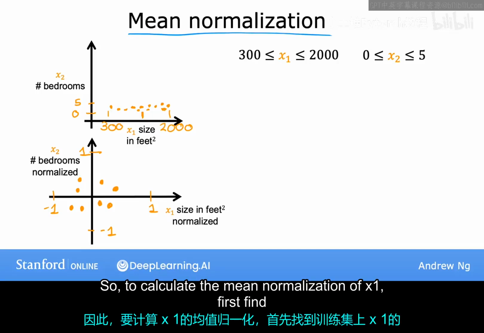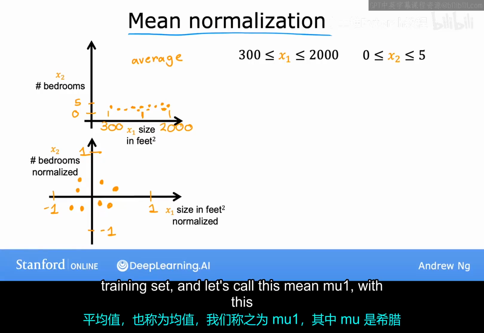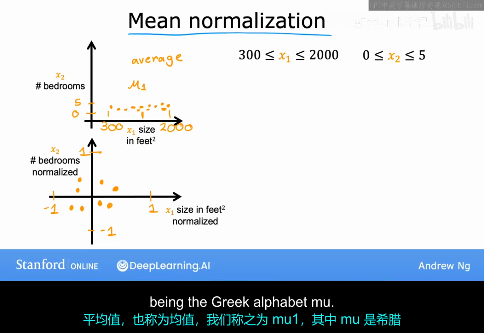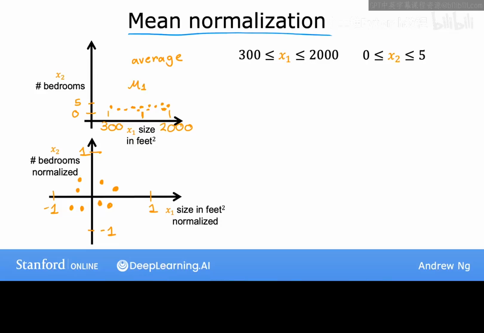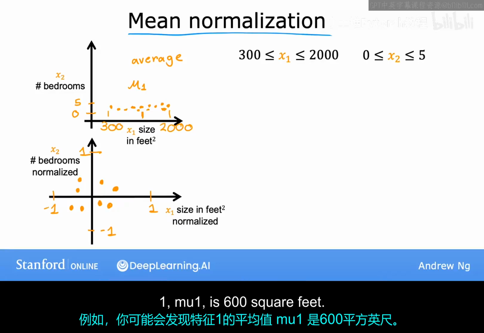To calculate the mean normalization of x1, first find the average, also called the mean, of x1 on your training set, and let's call this mean mu1, with this being the Greek letter mu. For example, you may find that the average of feature 1, mu1, is 600 square feet.